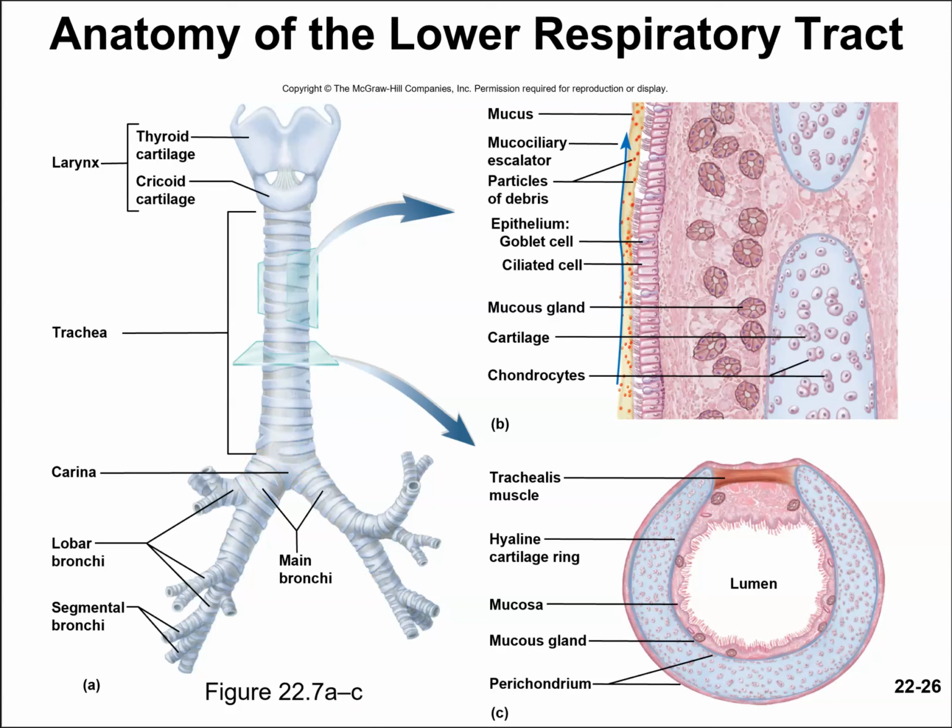If you take a look at the cells in the lower respiratory tract, the trachea consists of cilia, because as air flows through the trachea, it continues to filter the dust and debris with the help of the cilia and with the help of the mucus secreted by the goblet cells of pseudostratified columnar epithelial cells.